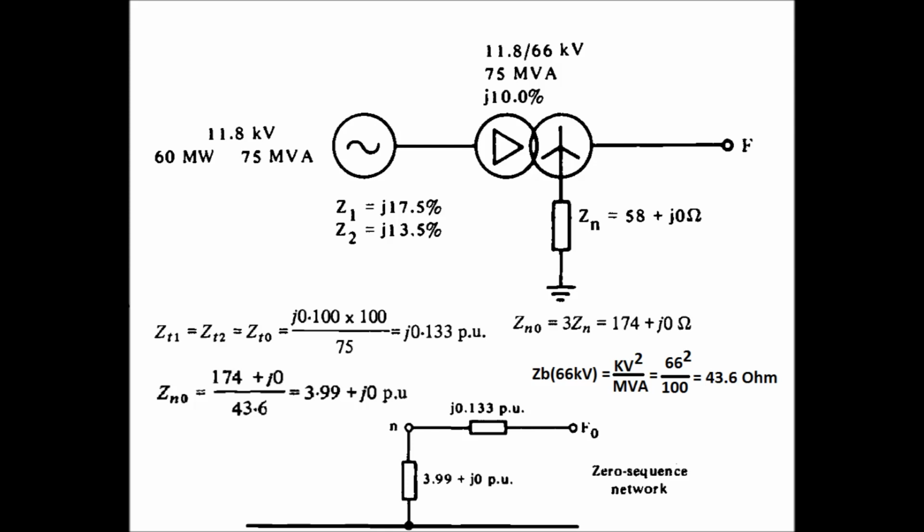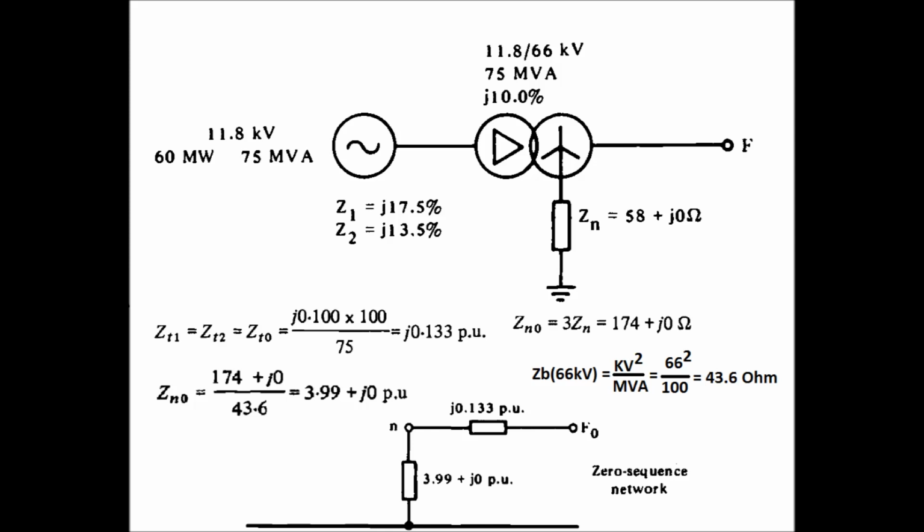So in order to draw the zero sequence network, only the zero sequence impedance of the transformer and the zero sequence impedance of the neutral grounding resistor will be accounted for. Zn0, the zero sequence component of the resistor, is 174 ohm. So we'll convert it to a per unit quantity.